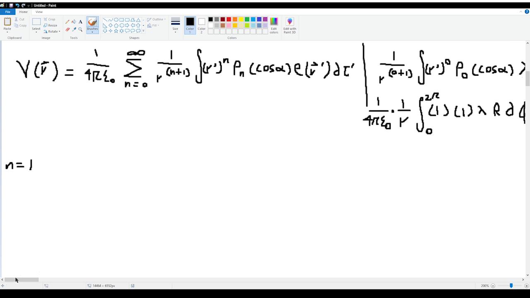So now we just repeat that same thing for n equals 1. So now it's going to be 1 over r to the 1 plus 1, so r squared. This time r prime is to the first power, so it will exist this time around. And the Legendre polynomial is also going to be the first term, which is just going to be cosine alpha.